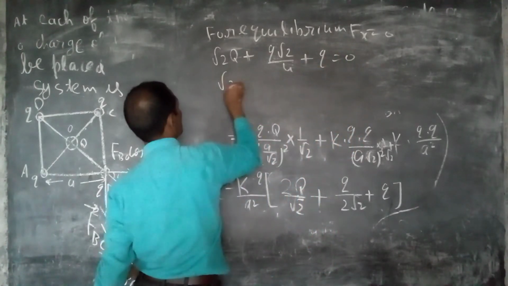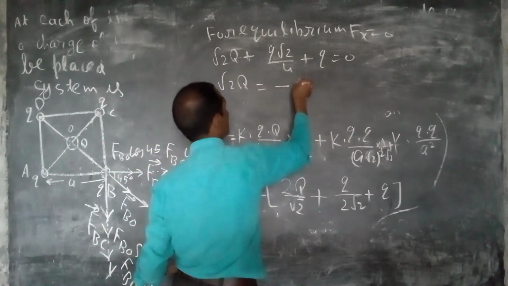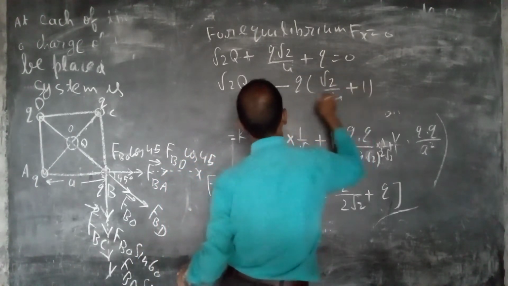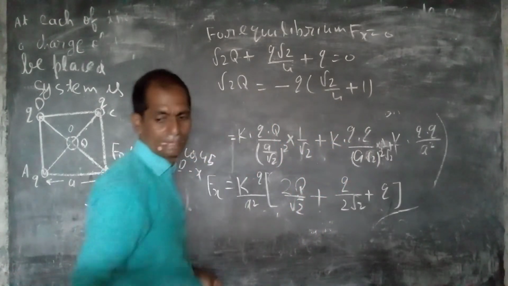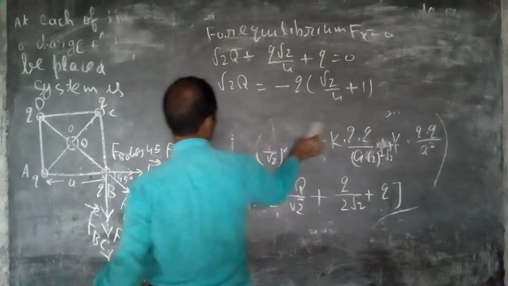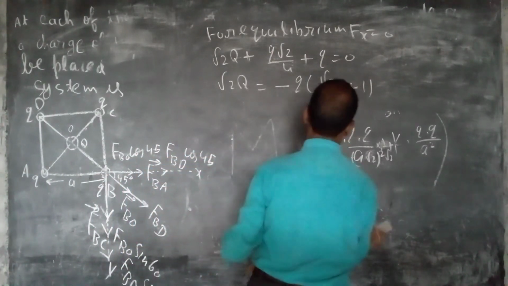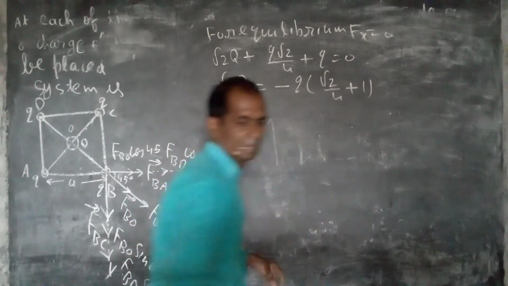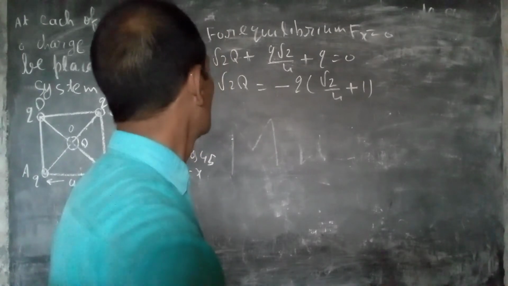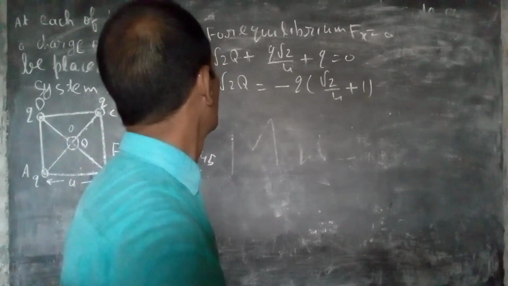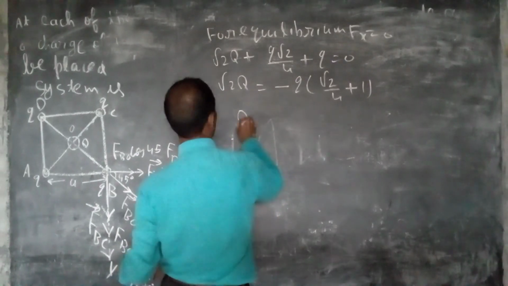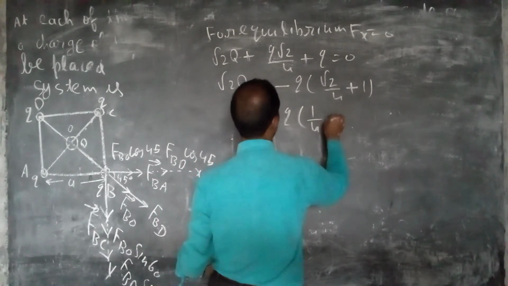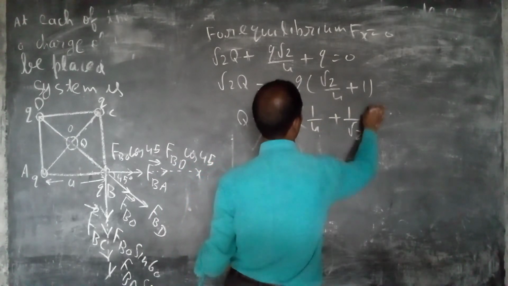So root 2 Q is equal to minus q root 2 by 4 plus 1. So Q is equal to minus q, and when we divide, we get root 2 plus 1 by root 2.